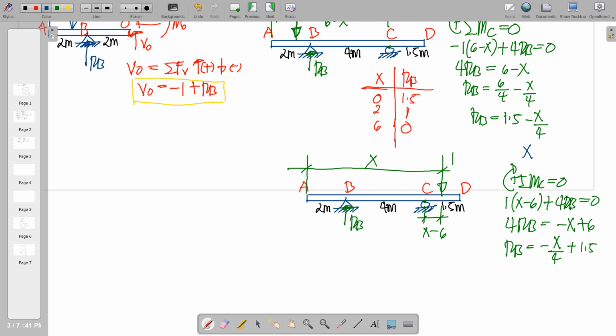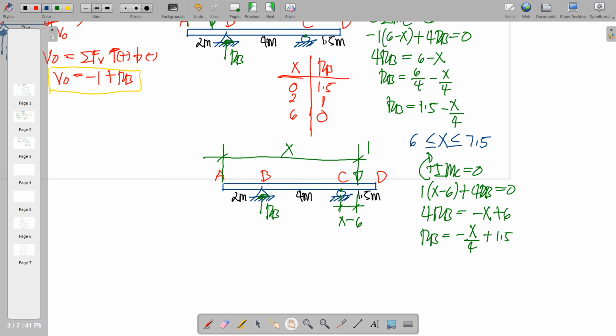And just right of C, the boundary is x is greater than or equal to 6. Okay. Up to x is less than or equal to 7.5.